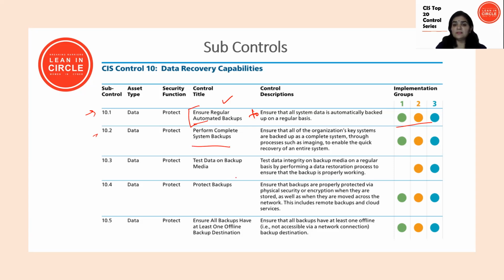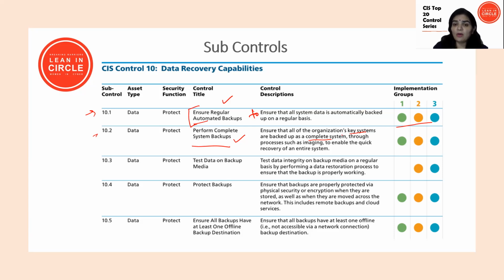Next, perform complete system backups. In this case, we talk about incremental backups and complete backups. This ensures that all of the organization's key systems are backed up as a complete system, because it is easy to restore from a complete system backup. It takes time to take a full backup, but then the restore process is easy. In the case of incremental backup, restoring takes time because you have images to restore from.